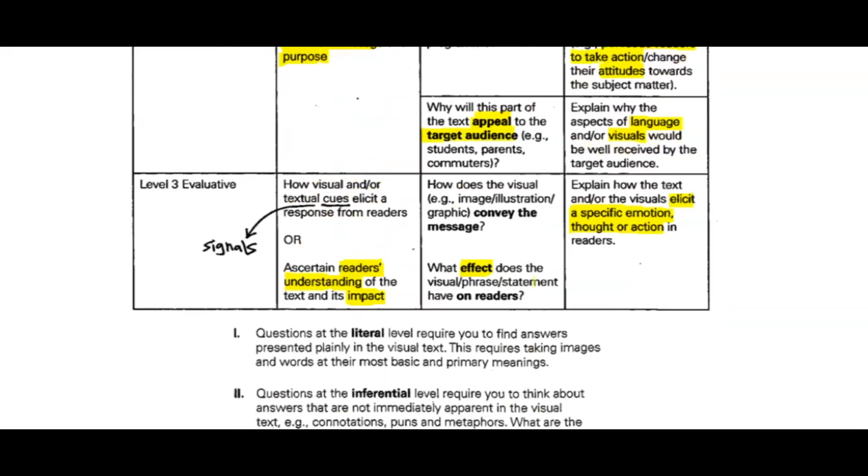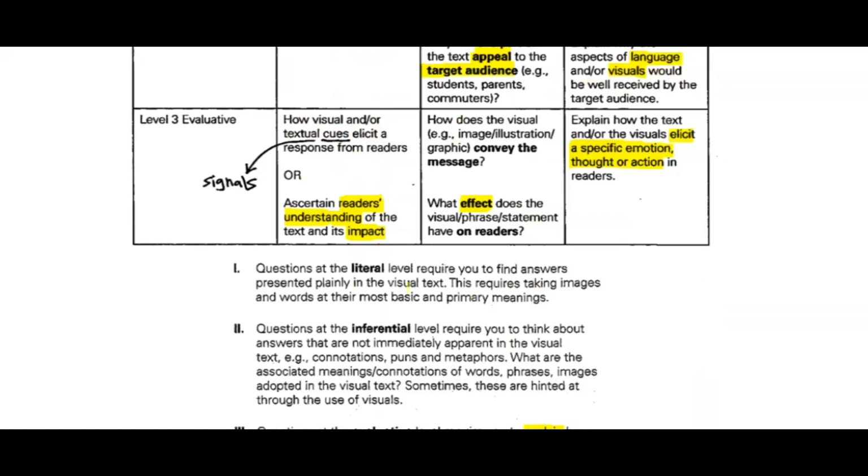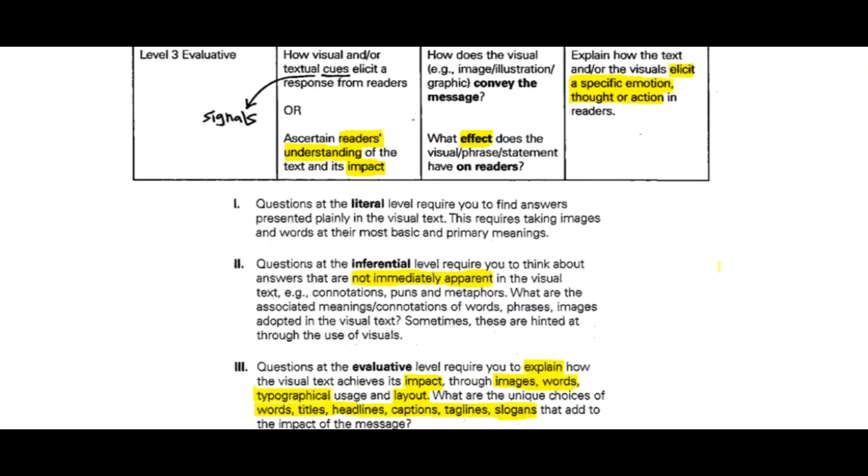Questions at the inferential level, on the other hand, inferential just basically means that it's not immediately apparent. The answer is not directly found in the passage, and you're just required to draw certain conclusions. Of course you have to look at what is given in the visual text itself in drawing the conclusion, but it doesn't go as deep as questions on the evaluative level.